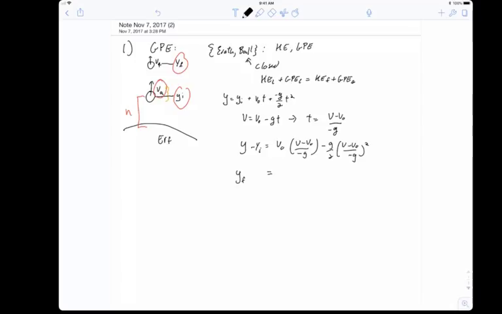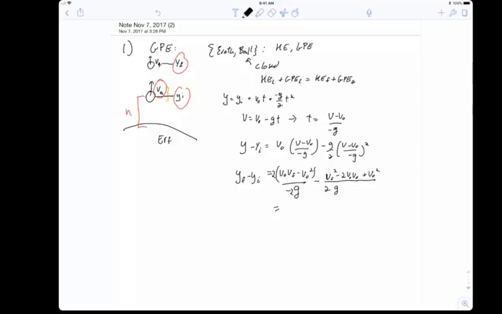So y final minus y initial is equal to v naught times (v final minus v naught) over minus g, minus 1/2 g times (v squared minus 2 v v naught plus v naught squared) over g squared.